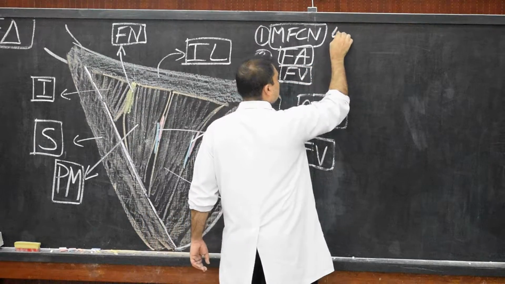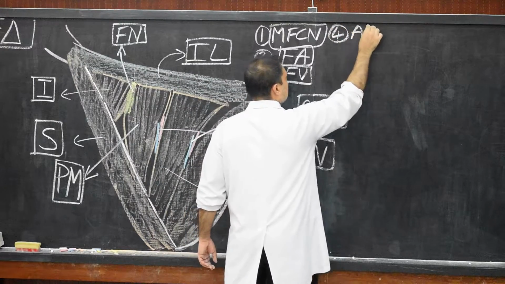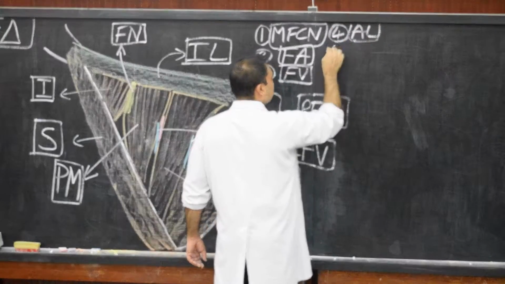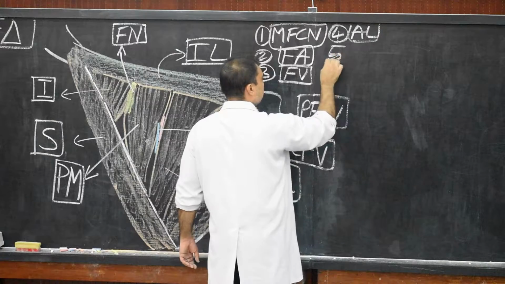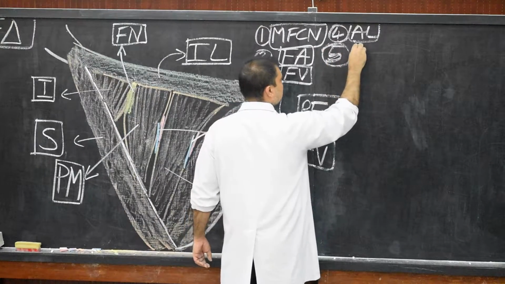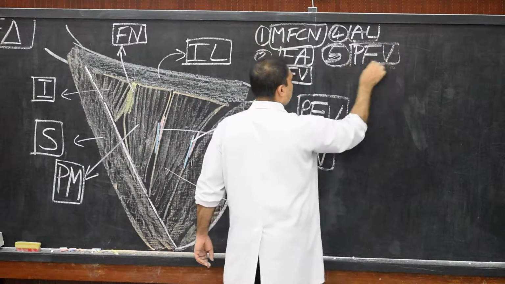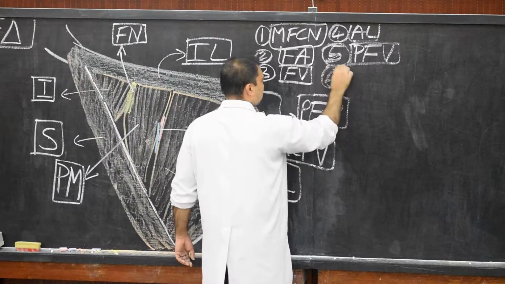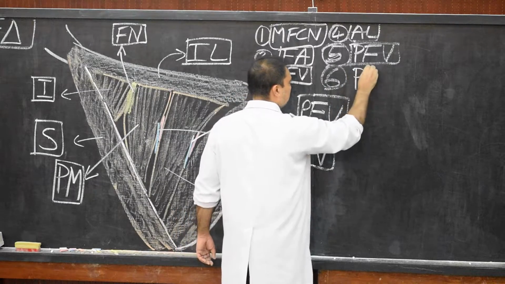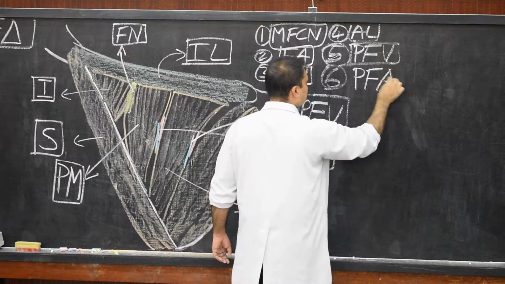Deep to the femoral vein, the adductor longus muscle. Deep to the adductor longus muscle, the profunda femoris vein. And deep to the profunda femoris vein, the profunda femoris artery.